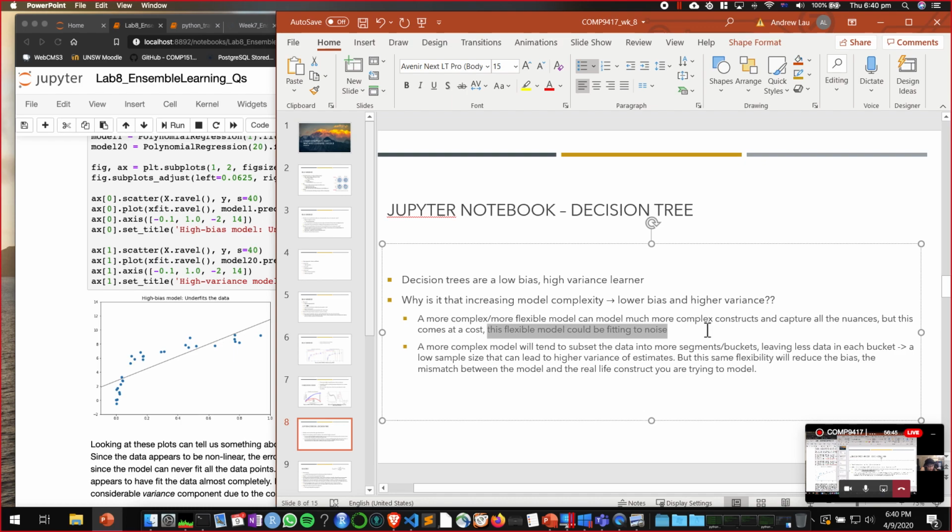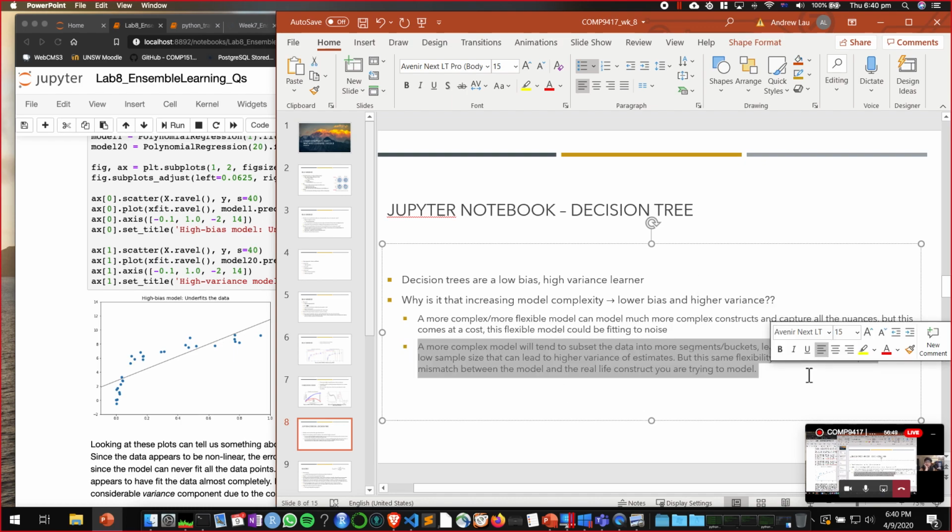But of course, this comes at a cost, because when your model becomes more complicated, and I think it's easiest to think of this in terms of a decision tree, if you have a simple decision tree with only a few splits, each leaf node will inevitably have more observations.